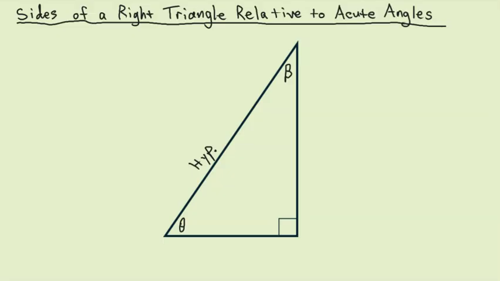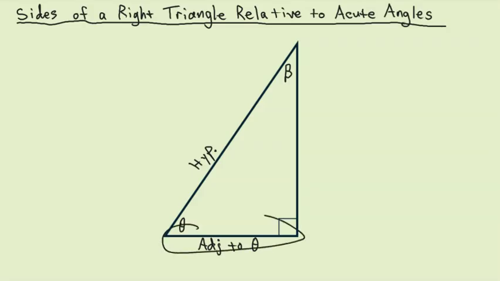Okay, so we want to label this leg right here. Well, look, it's touching theta. It's right next to theta. Theta is touching this leg, and therefore this leg is adjacent to theta.